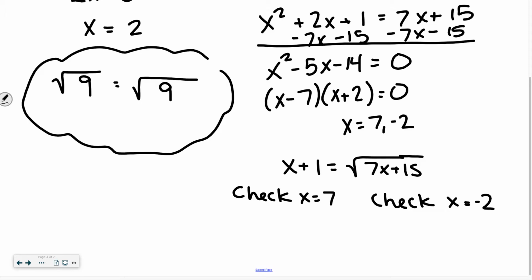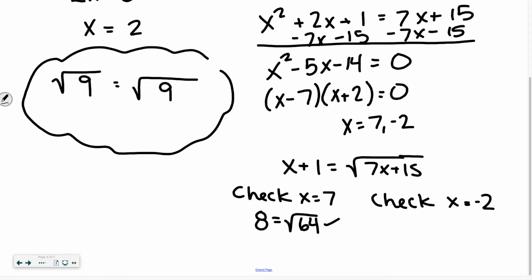7 plus 1 would be 8 on the left, and then if I do 7 times 7 under the radical, that's what, 49, and 49 plus 15, that'd get me to 64. So does 7 work? 8 equals the square root of 64?